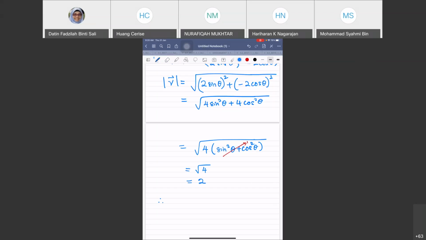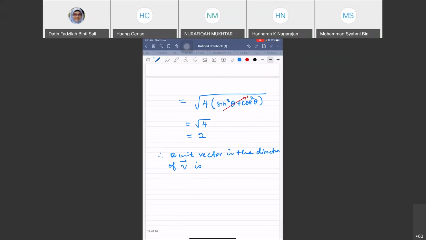So therefore, a unit vector in the direction of vector V is, again, the same thing, which is your vector V divided by the magnitude.